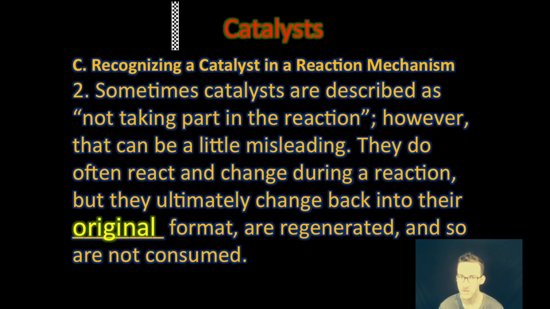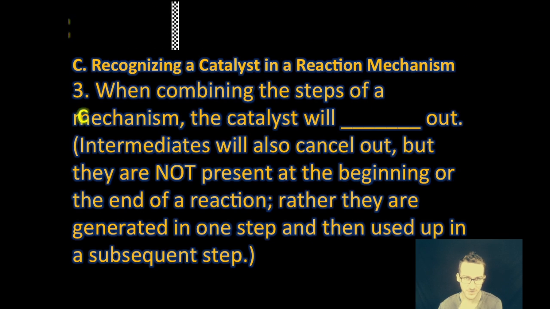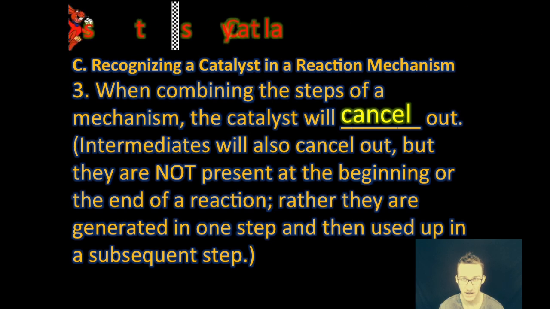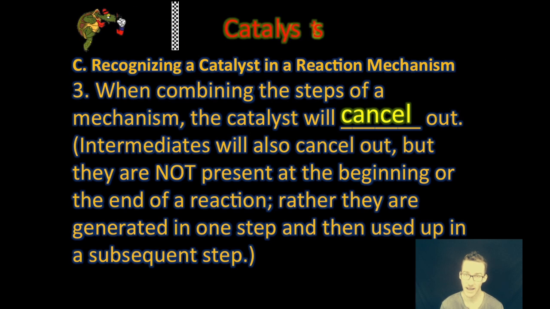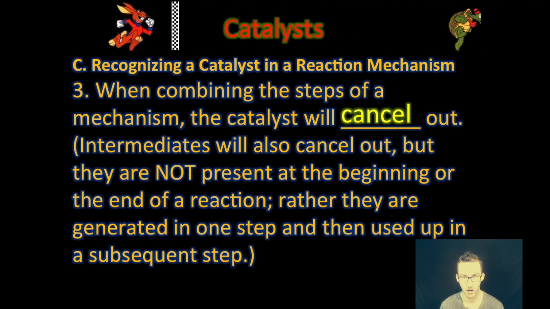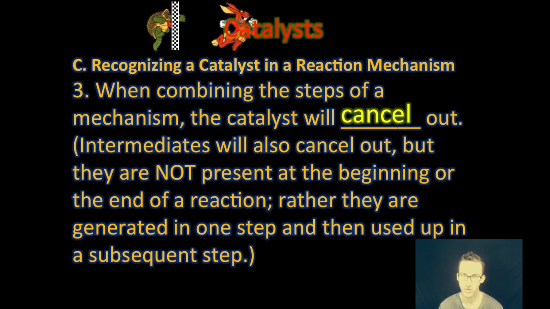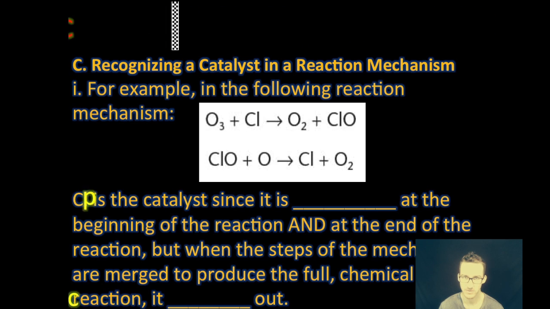They do often react and change during a reaction, but the key thing here is to recognize that they change back, revert back into their original form, and so are not consumed. When you combine the steps of a mechanism, the catalyst will cancel out, again, if it's a reactant in that initial elementary step, but a product in the final elementary step. So we don't represent them in the overall reaction, but you will see these in the reaction mechanisms.